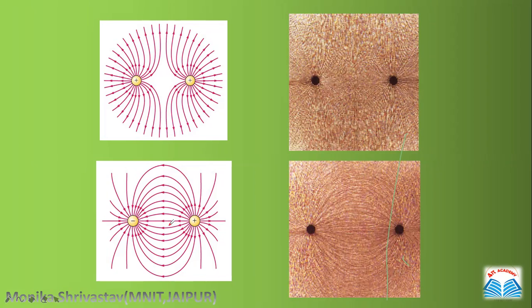If the charges are opposite in sign, then there are two centers, but the field lines start from one center and end at another center. So these are some exemplar denotations of divergence and curl.